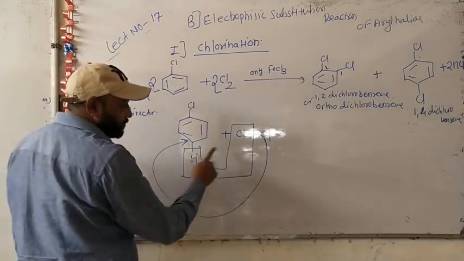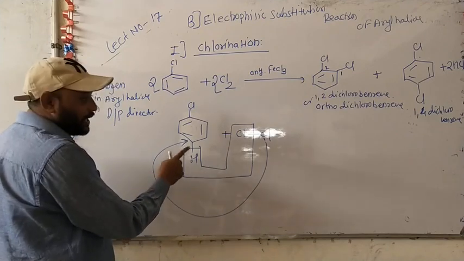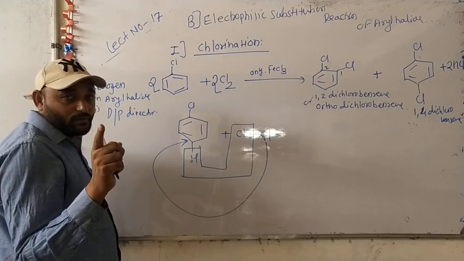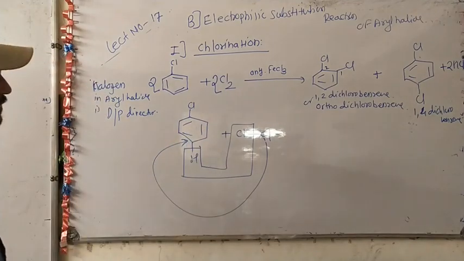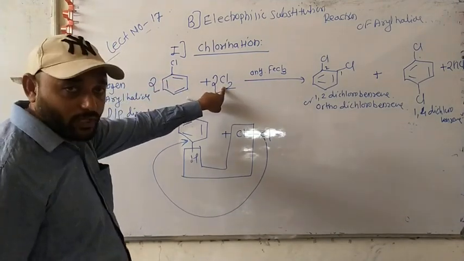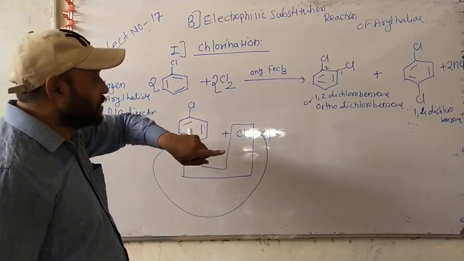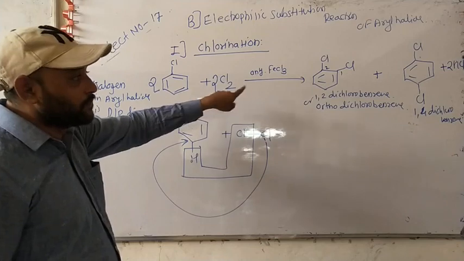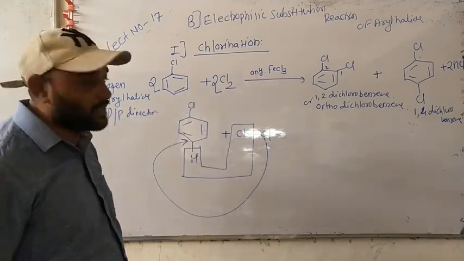Because H from ortho and para is lost, and chlorine from Cl2 molecule, that's why 2 times of HCl. So first chlorobenzene reacts with 1 chlorine molecule, then ortho substitution occurs, and second chlorobenzene reacts with another chlorine, para substitution occurs, forming para-dichlorobenzene.